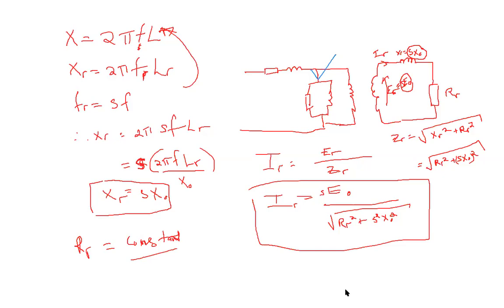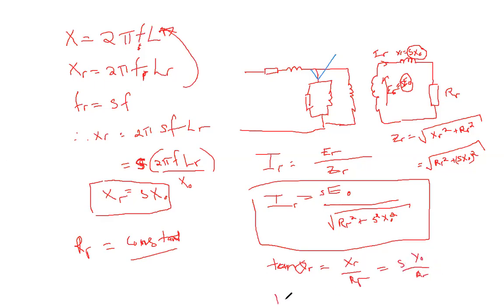It wants me to calculate the phase angle, which you guys know. It's obviously the arctan of XR over RR. So your angle is arctan of XR over RR, which is the same as XS naught over RR.